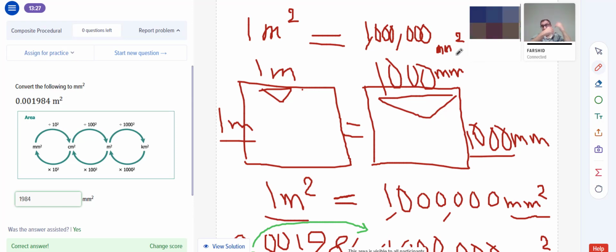In the reverse of this conversion, every 1 million square millimeter is just 1 square meter. If I say we have the area of 5 million square millimeter, you will quickly say that it is 5 square meter.